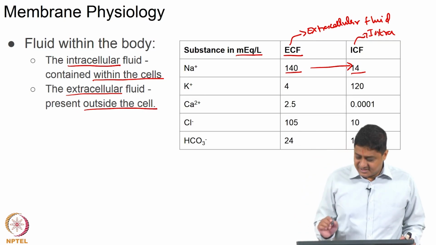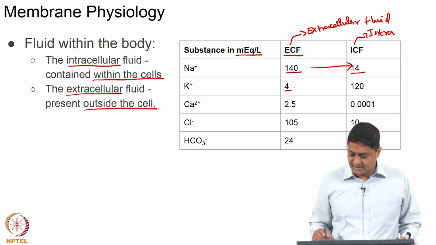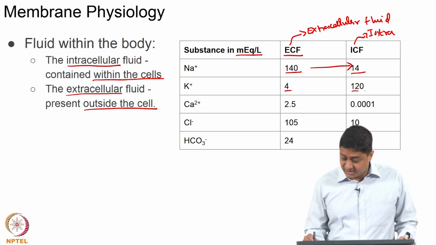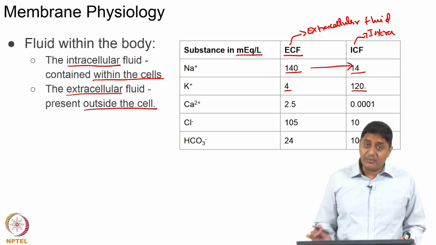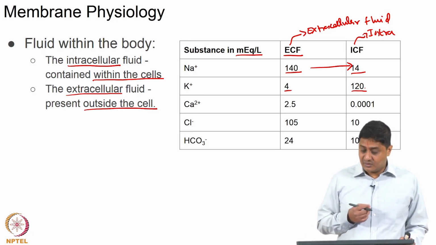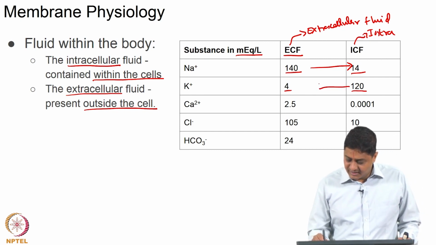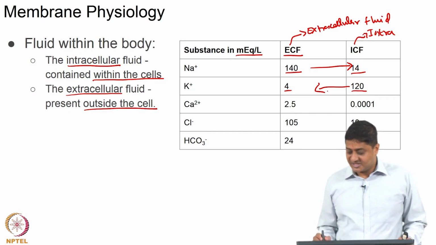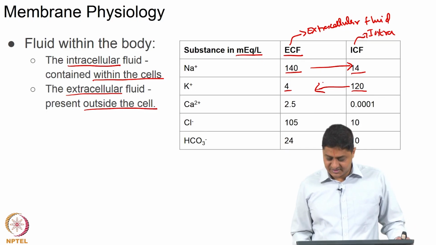Potassium is present in very small quantities outside the cell and a relatively large quantity inside the cell. So, once again there is a gradient, and suppose there is a channel that allows transport of potassium, it is going to be transported in that direction, unless there is an expense of energy. So, note the arrow mark in this case.